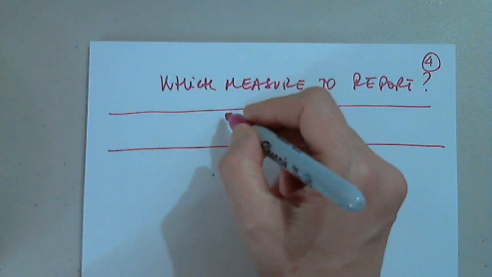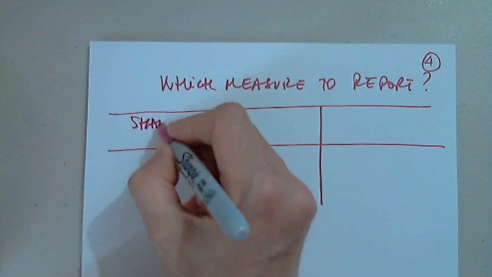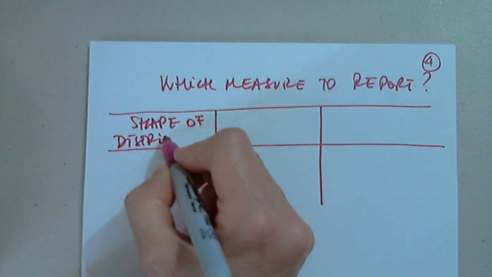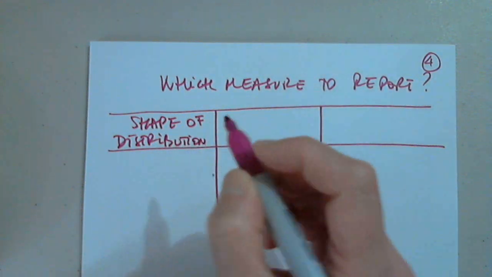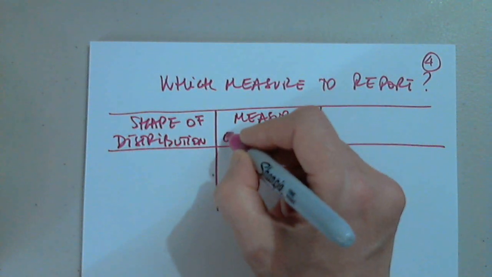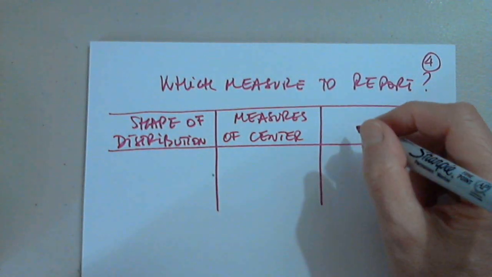First of all, we're going to look at 3 different things: the shape of distribution, then measure or measures of center, and measures of dispersion.